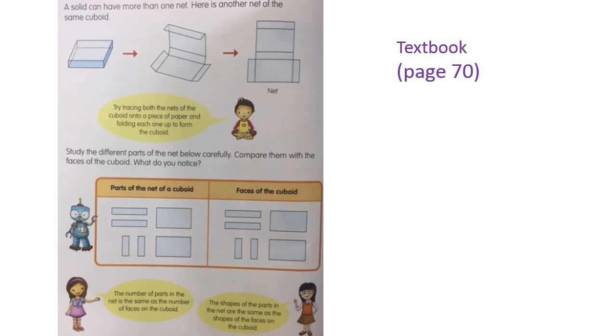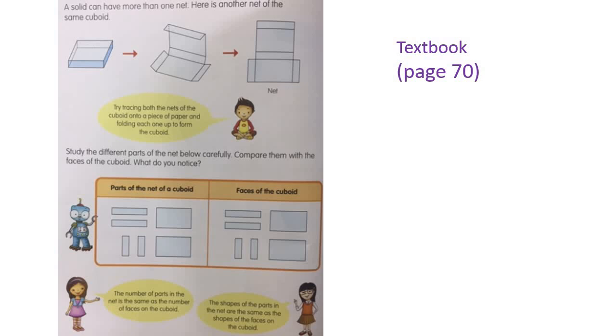Try to trace both nets of the cuboid onto a piece of paper and fold each one up to form the cuboid.